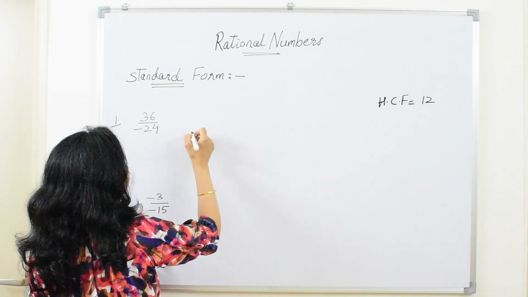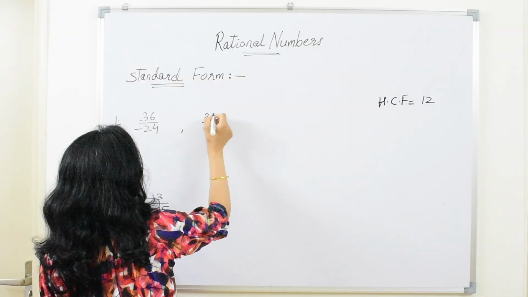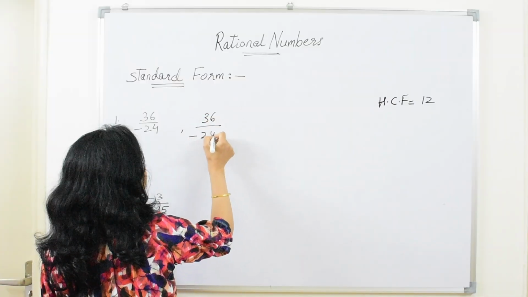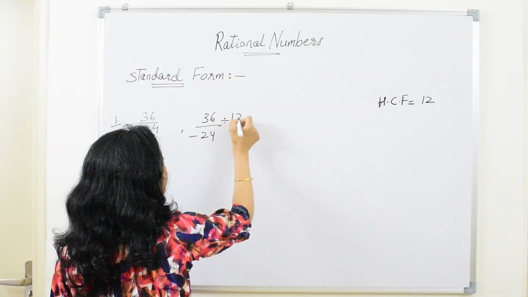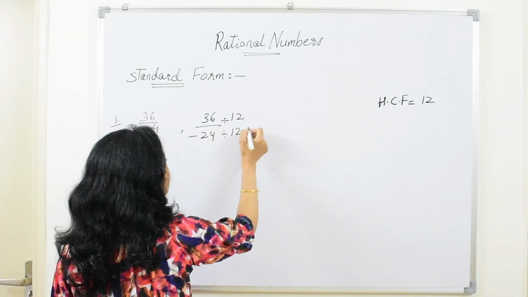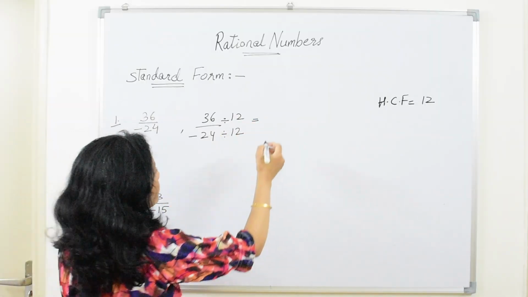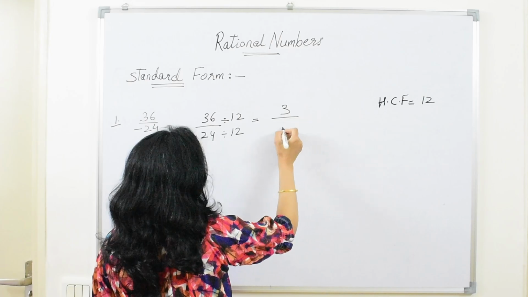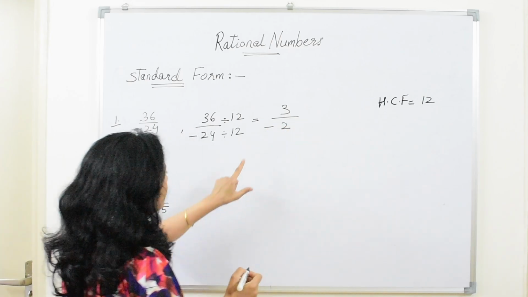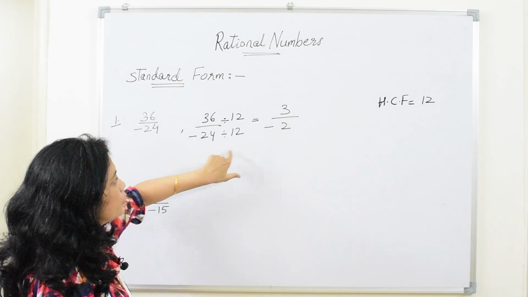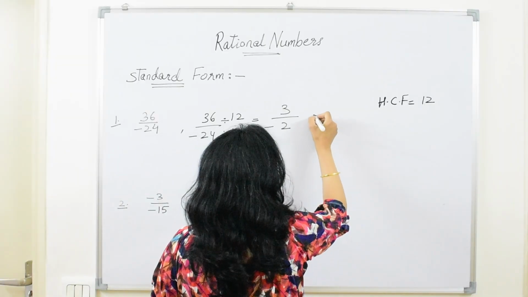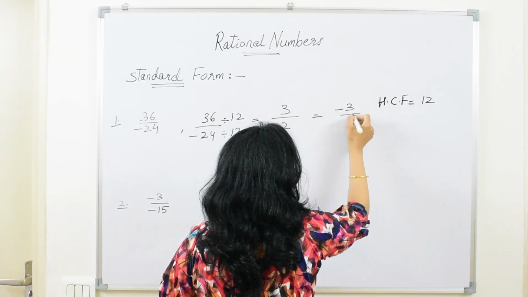So we will divide both the numerator as well as the denominator with 12. What do we get? 3/-2. We have divided both by 12, we get this answer. Now this is equal to -3/2.